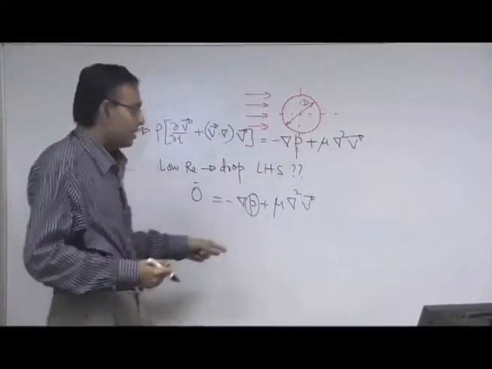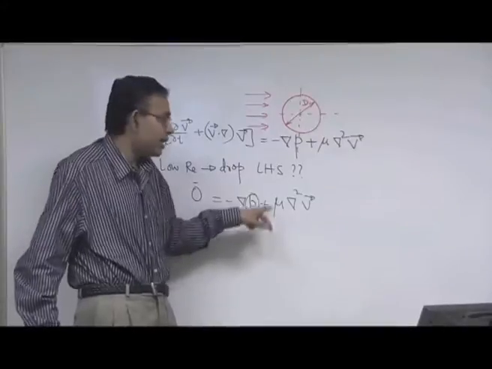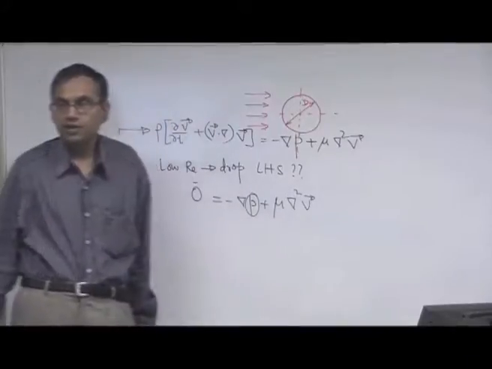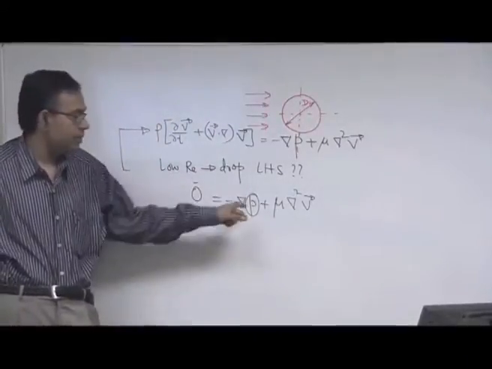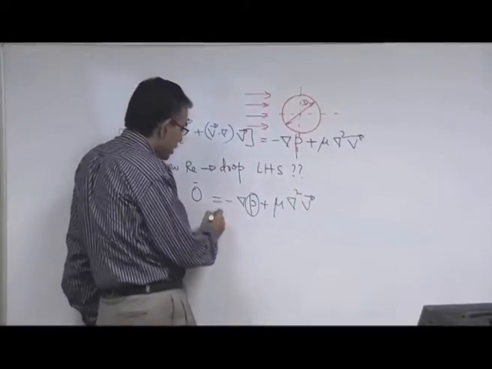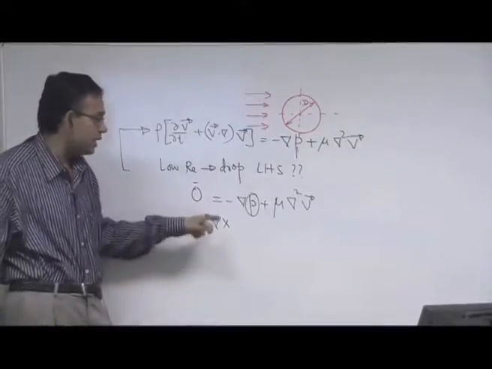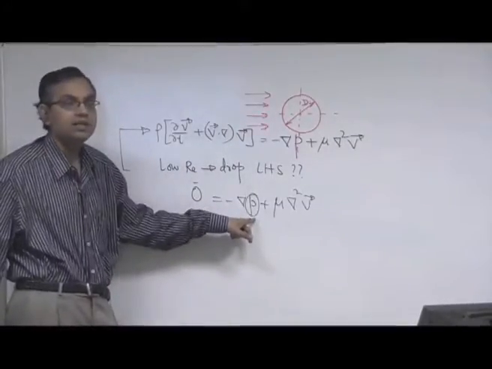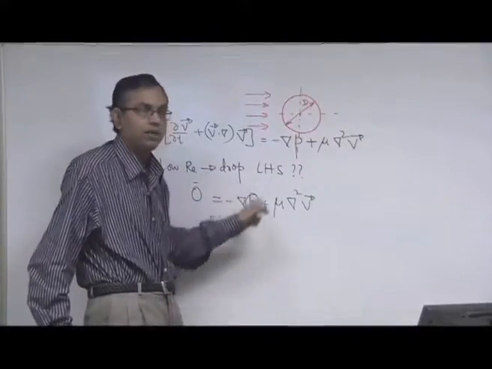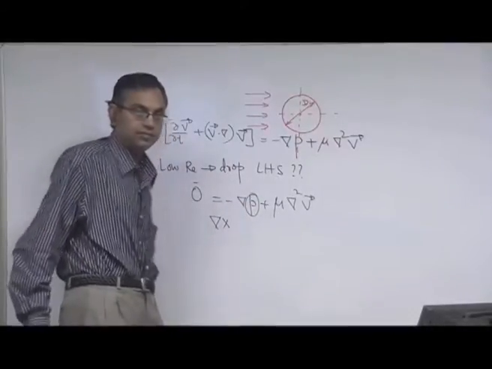So you have pressure in this equation, so you somehow eliminate pressure, then there will be no problem with the pressure term. So how can you eliminate pressure from this equation? So one simple strategy is, if you take curl of both sides, you can use the vector identity that curl of grad of a scalar is a null vector, okay. So this will go away, okay. So take curl of both sides.